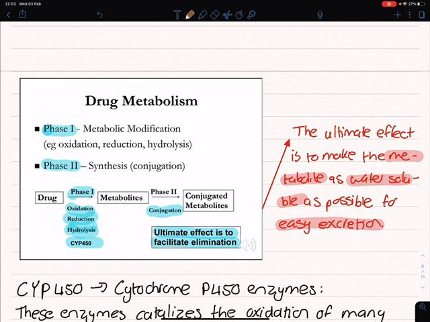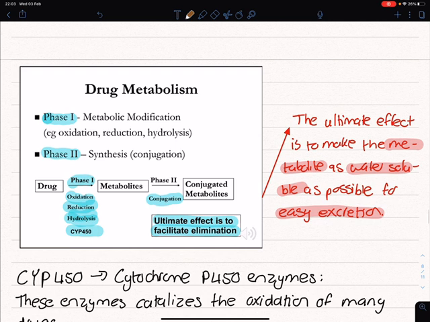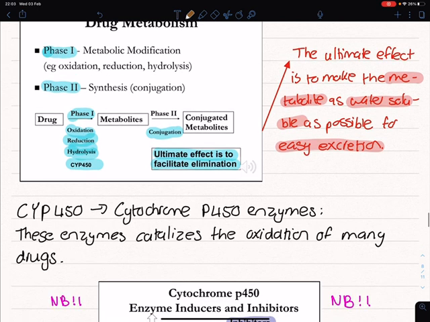And then phase 2 is conjugation. So conjugation is also important in the next slides. Also wrote here, the ultimate effect is to make the metabolite as water-soluble as possible for easy excretion. So, to break down a lipid-soluble drug into a water-soluble metabolite.